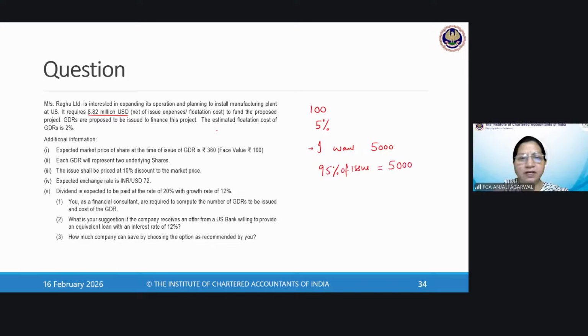Similarly, here also you want 8.82 million USD. But whatever you issue, there will be some flotation cost, which is 2%. So this 8.82 should be 98% of the issue.